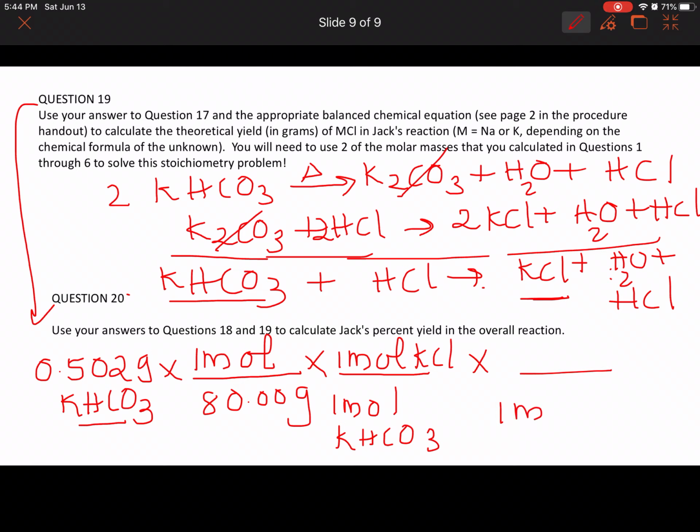So 1 mole potassium chloride is the molar mass of potassium chloride, which is 35.45 plus 19, 54.45 grams. So this will give you the theoretical yield in grams.